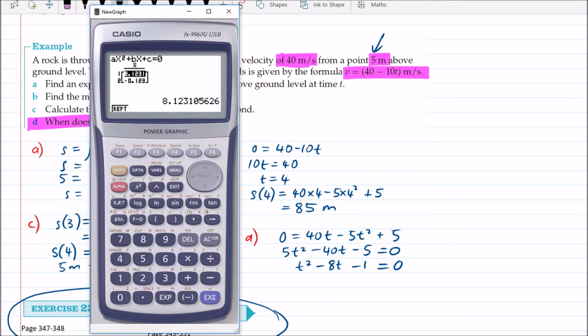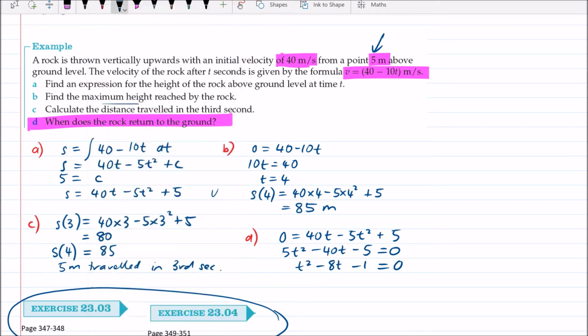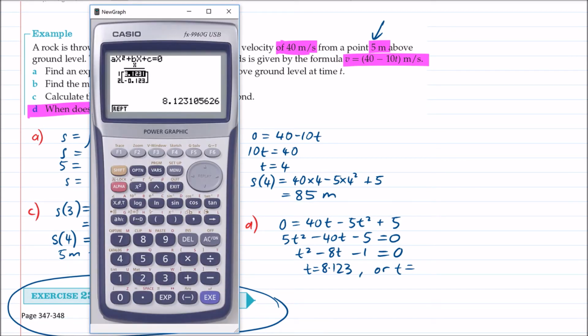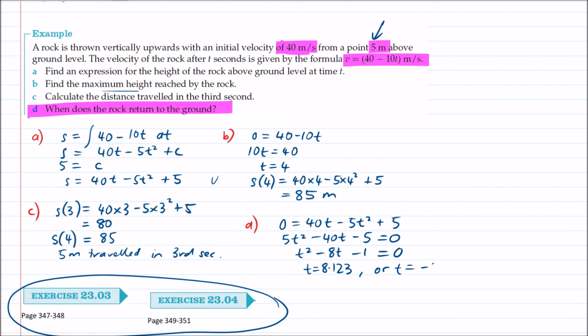And there's our two possible times. t equals 8.123, or t equals -0.123. And if we think about the context of the question, this answer makes sense, and this answer does not make sense because that's backwards in time. And so t equals 8.123 is our answer for when the rock returns to the ground.